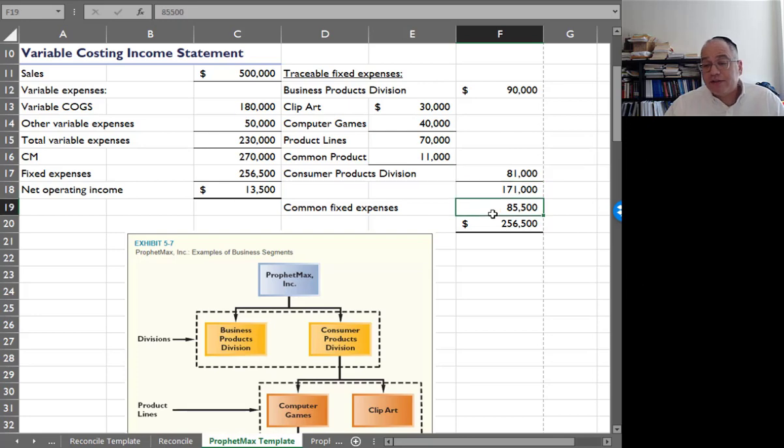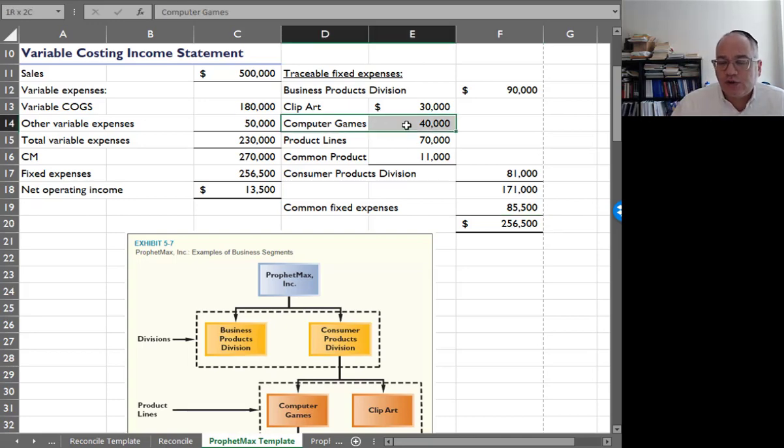Then there's common fixed expenses for the whole organization on top of this of $85,500. And then we get total fixed expenses of $256,500. And this provides us with key insights so we have an understanding. For example, if I eliminated computer games, then this traceable fixed cost would go away.